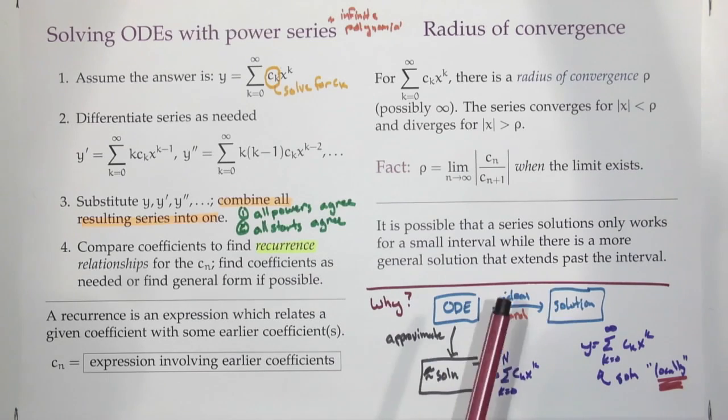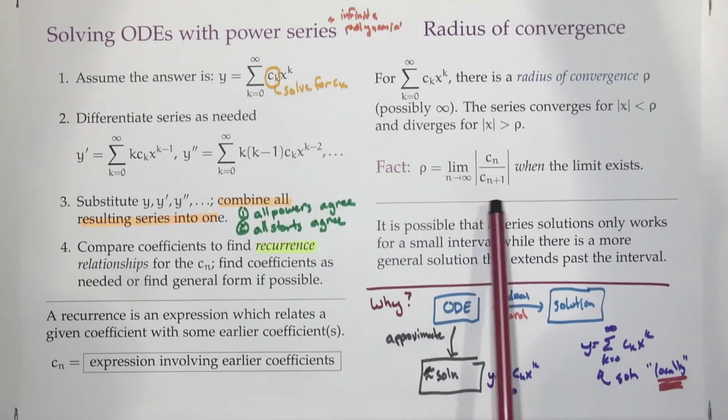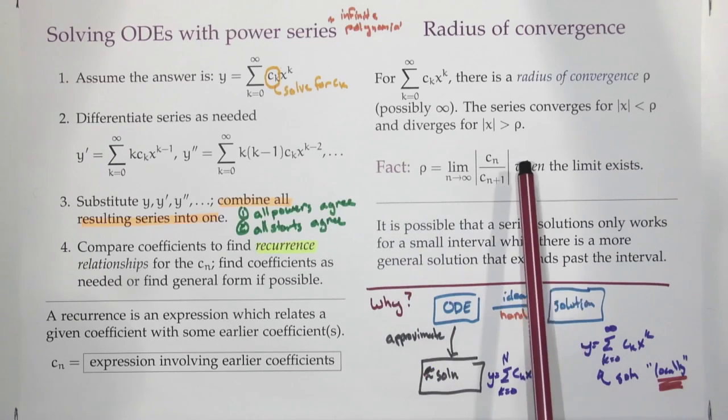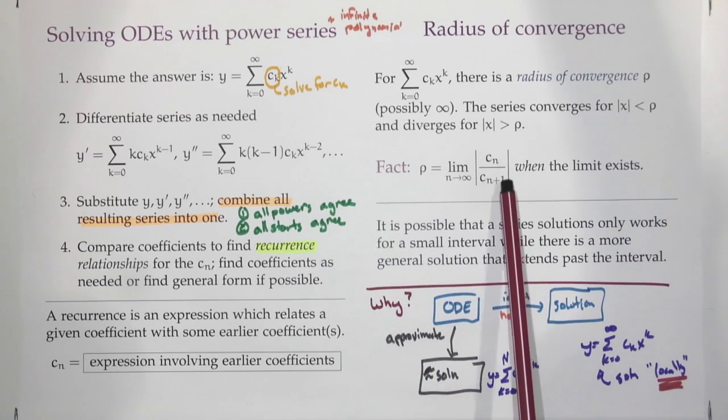And we spent a lot of time in Calc 2, I think maybe a week, maybe even more, talking about the radius of convergence. And I don't want you to stress about this. That's not our goal here. We're going to talk a little bit about it, but just know that there's this notion of convergence. And this is a fact from Calc 2 that says, actually, you can compute the radius of convergence by seeing how big is the ratio of two consecutive coefficients.